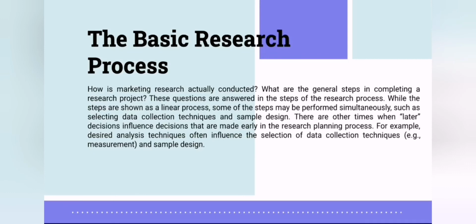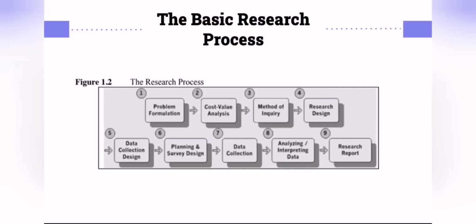So as we cap off the discussion, we have the basic research process, which will serve as a guide on our creation of the entire marketing research as we go towards the end of the subject. So there are steps, but this is a general outline of the process.